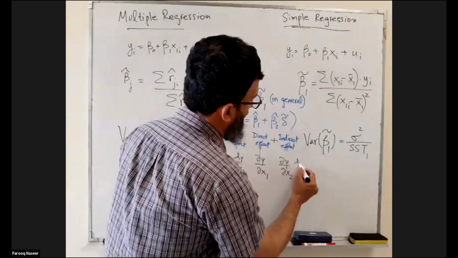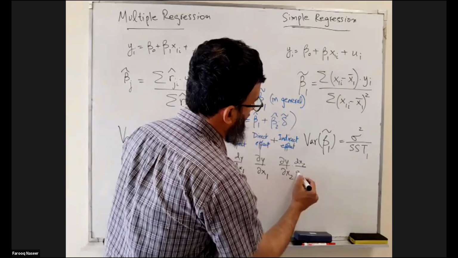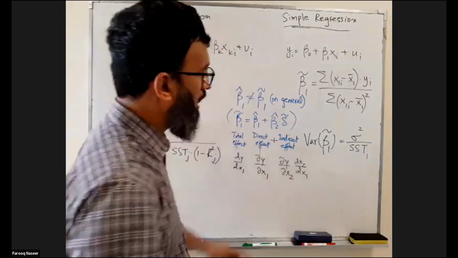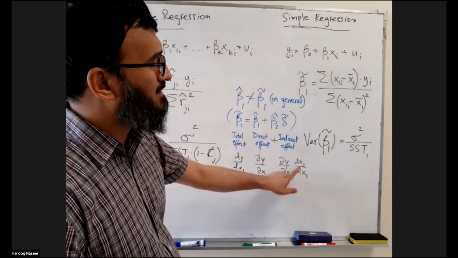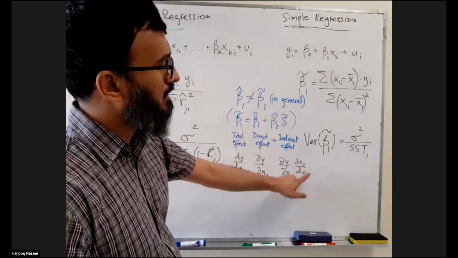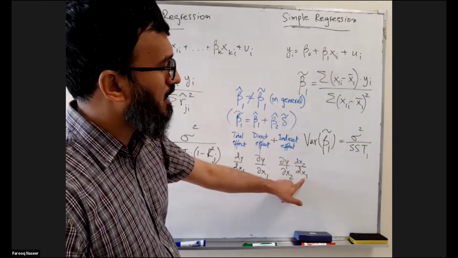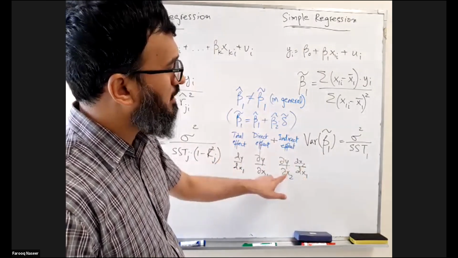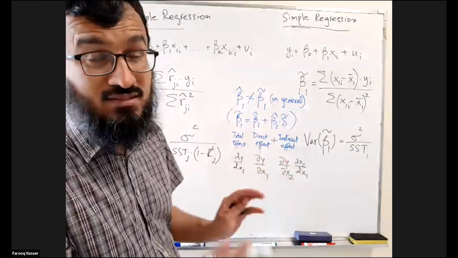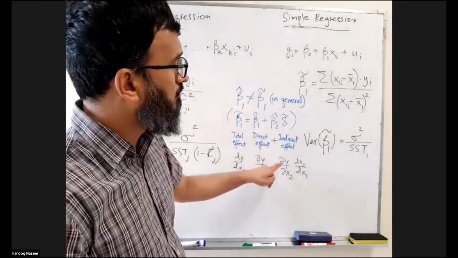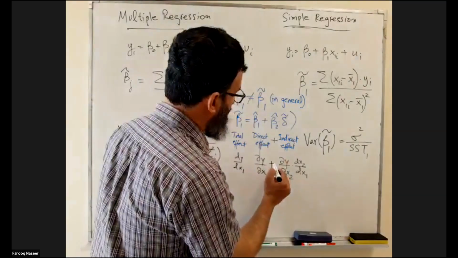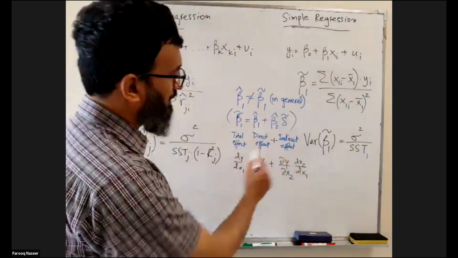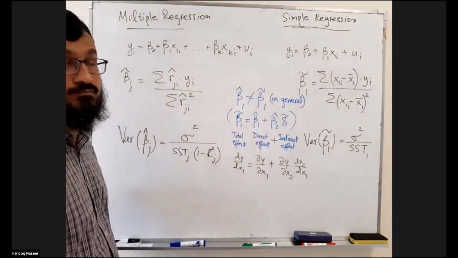And dx2 by dx1. So how much, अगर x1 में change आए तो x2 में कितना change आएगा, that's given by this derivative dx2 by dx1. And x2 में change आने से just that alone, how would that affect y, that's given by this partial derivative. So you can write it as this thing, right?